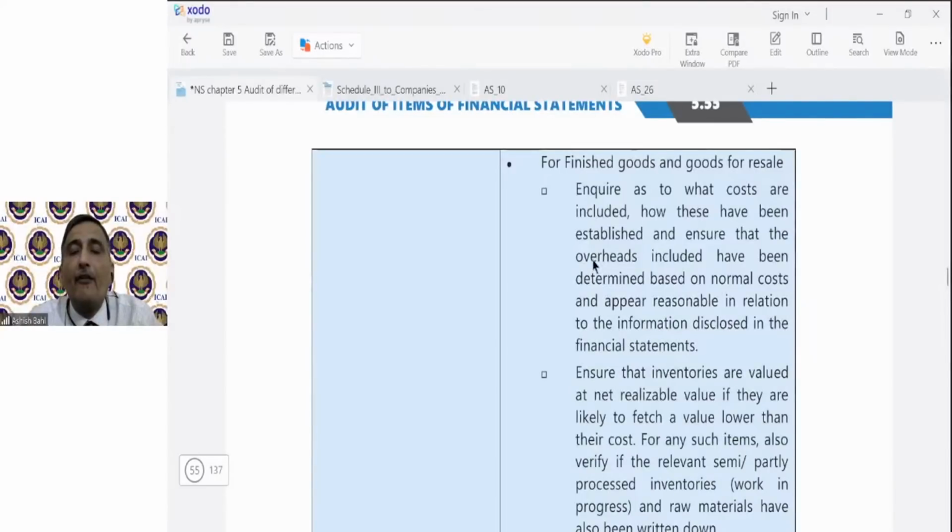And similarly for finished goods and traded goods, how costs are calculated. Again, remember students that inventories are valued at cost or net realizable value, whichever is lower. So obviously for valuing finished goods, you need to arrive at the cost of finished goods. So what is the method employed by the company to arrive at the cost of finished goods?